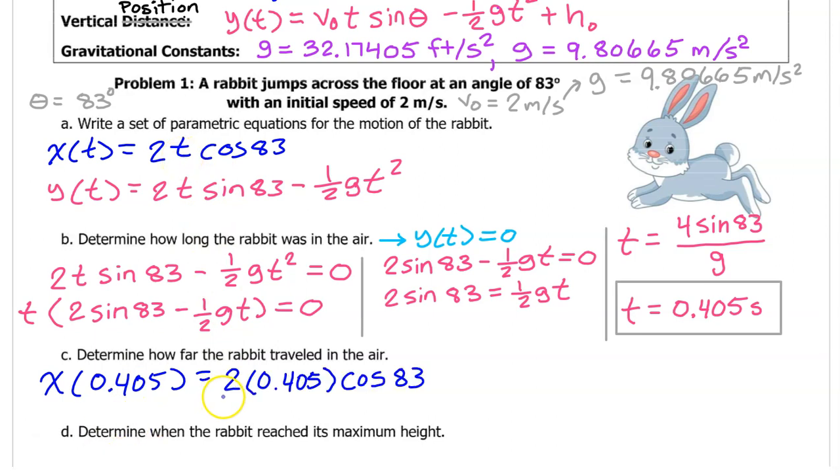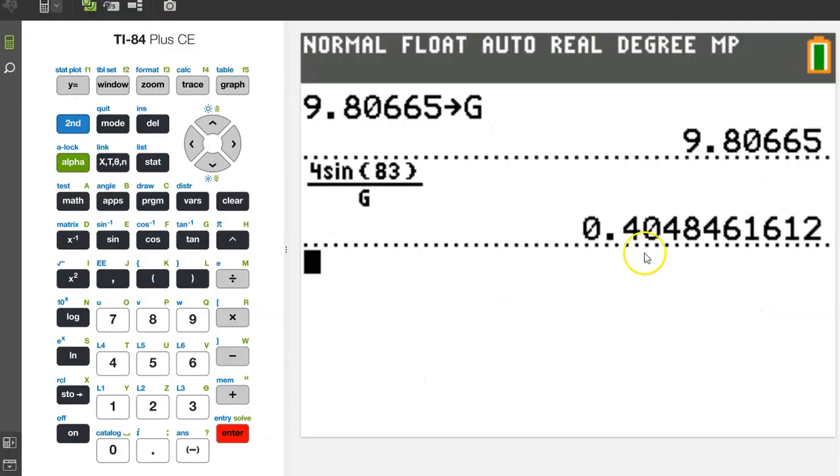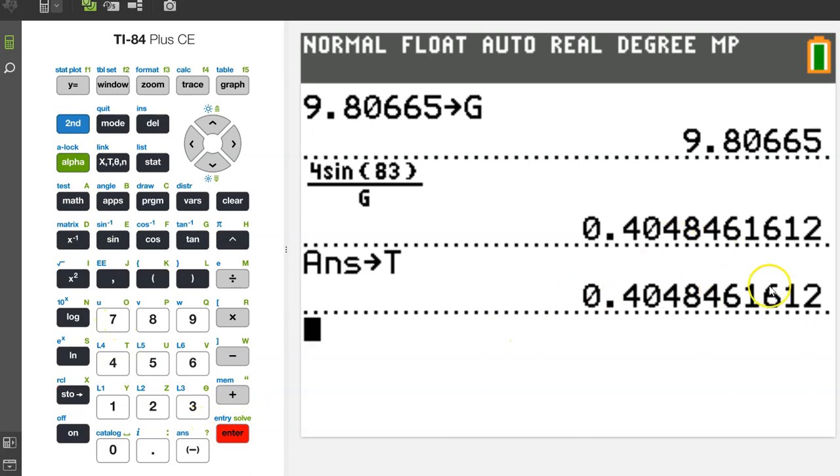So we are about to type this into the calculator. However, I don't want to lose any decimal places here with this 0.405, which is really a much longer decimal, of course. So let's store this into the letter t so we don't lose accuracy. If we immediately hit store and then alpha t, it puts all these lovely decimals into the t.